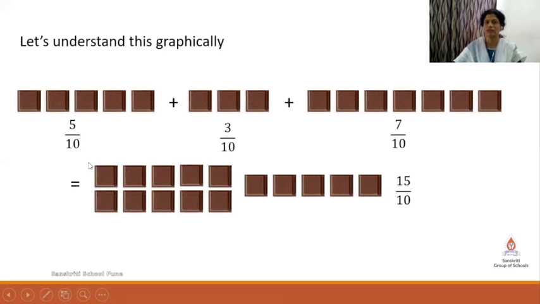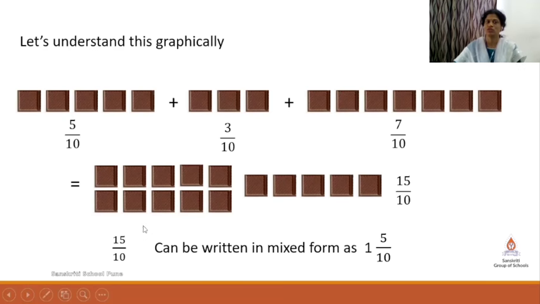Now here I have grouped 10 individual parts into one to show you that this makes one whole, and there are 5 from the other bar, 5 parts taken from another whole bar. So 15/10 is your answer, and it can be written in mixed form as one whole and 5/10.